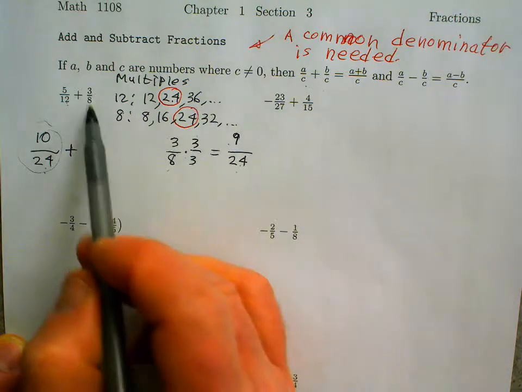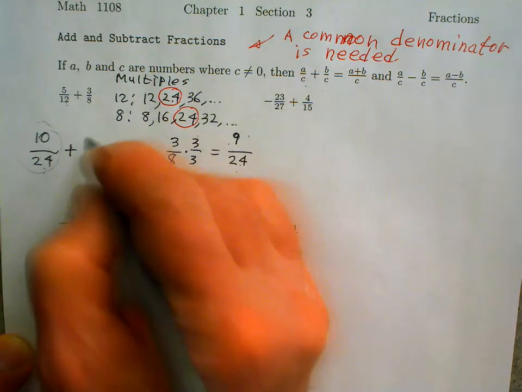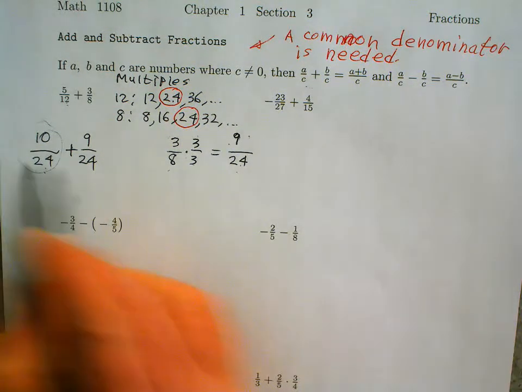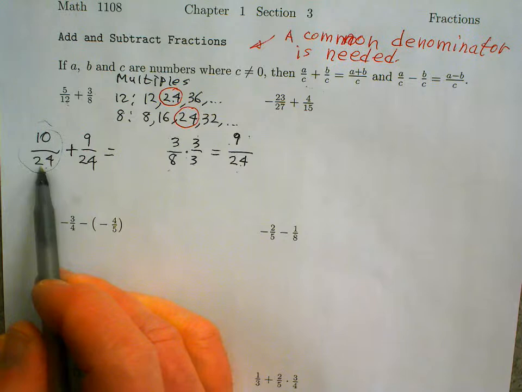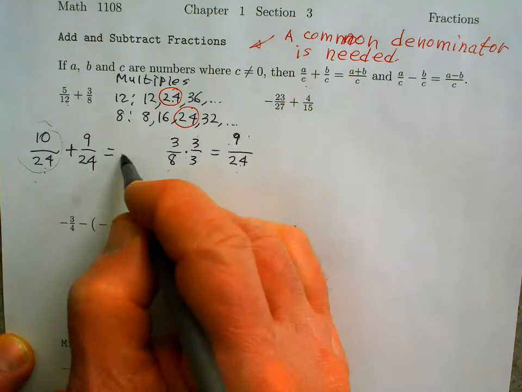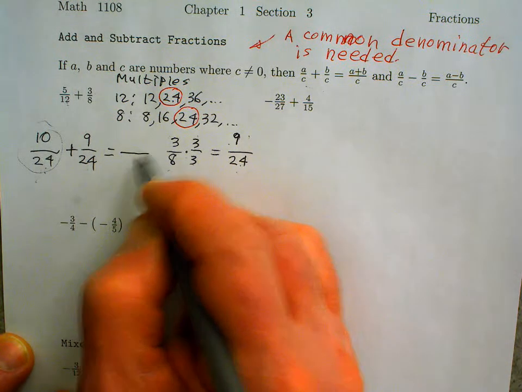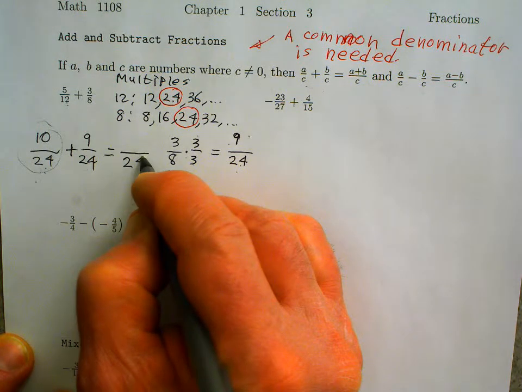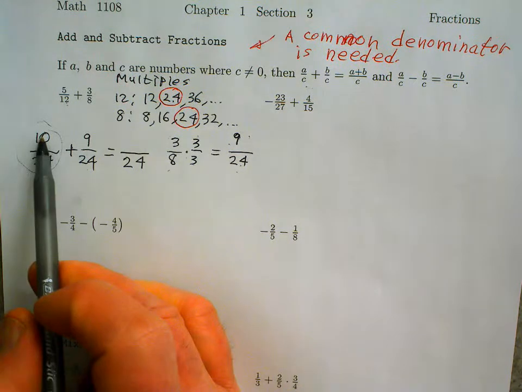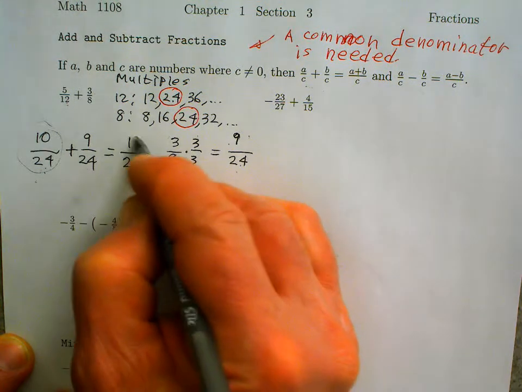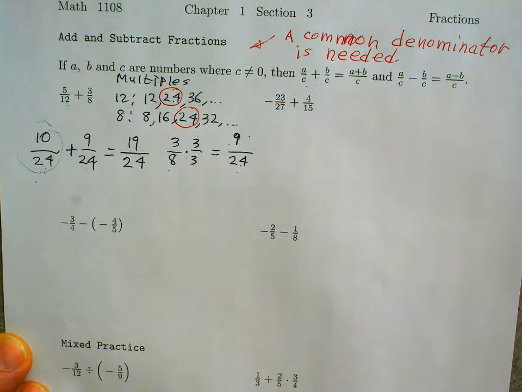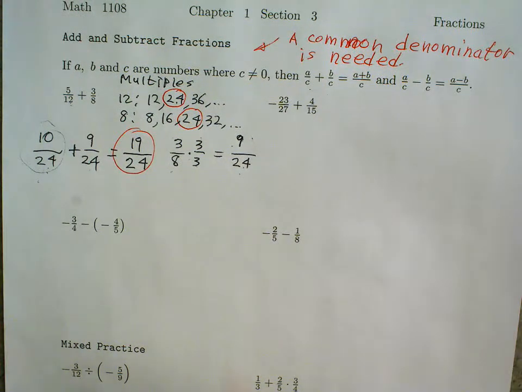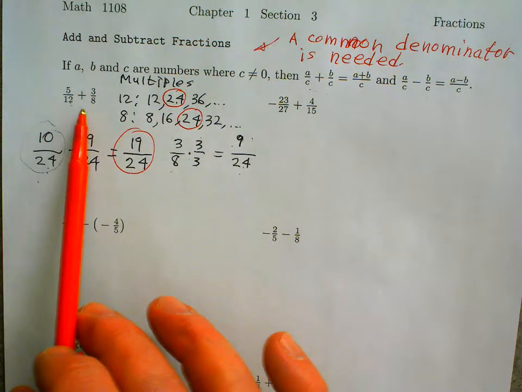So I'm going to replace 3 over 8 with 9/24. And now that the two fractions have a common denominator of 24, we can add the fractions. So in the sum, the denominator stays the same, 24, and in the numerator, 10 plus 9 is 19. So 19/24 is the result of adding 5/12 plus 3/8.